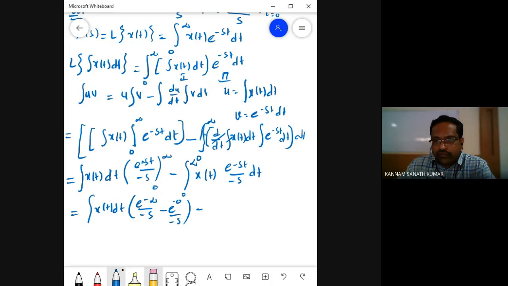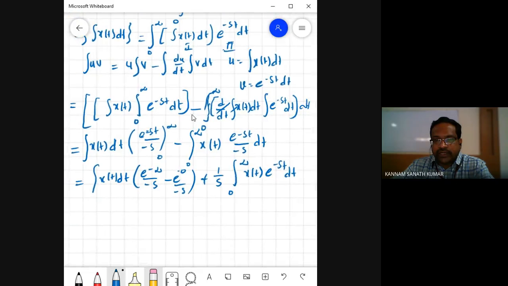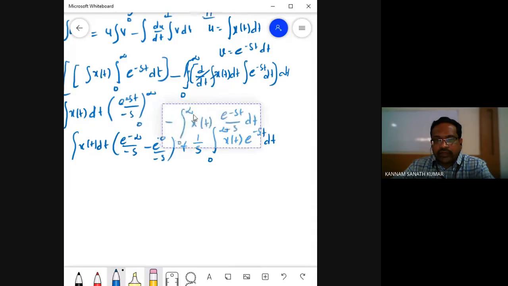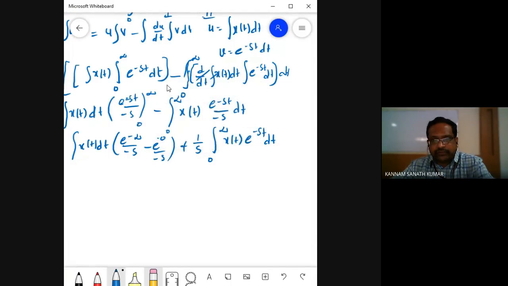So minus into minus is plus, so 1 by s integration 0 to infinity x of t into e power minus st dt. Is it okay? X of t into e power minus st into dt.